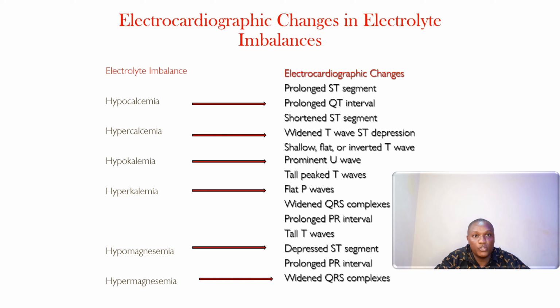It's good to remember these ECG changes, because they can also be tested on NCLEX. It's good to know where we have tall peaked T waves in hypokalemia and widened QRS complexes or prolonged ST segment. It's good to have a good grasp of such content.